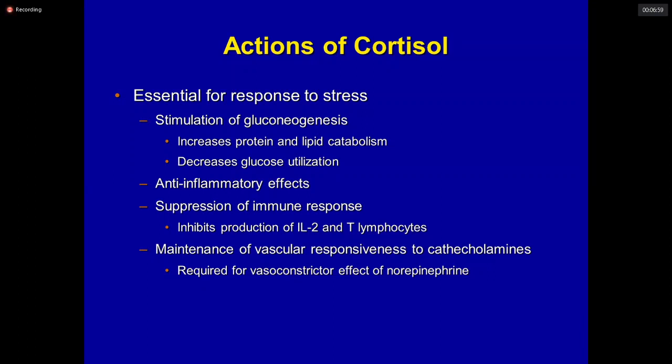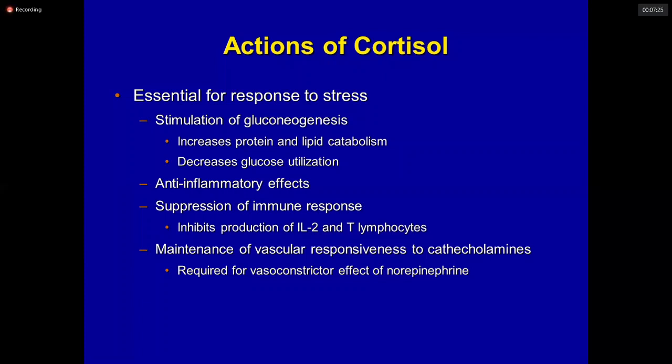It will be suppressing some of the immune responses, and it's most probably important in maintaining the vascular responsiveness to catecholamines to maintain blood pressure in times of stress. If we don't have cortisol in the amount that is needed to support blood pressure, there will be hypotension and shock-like presentation.